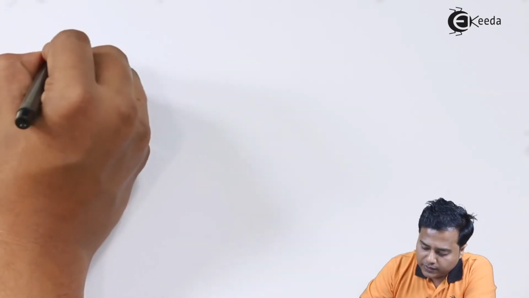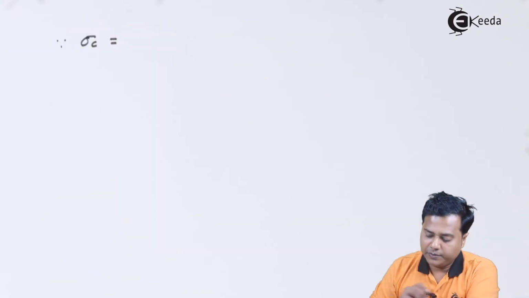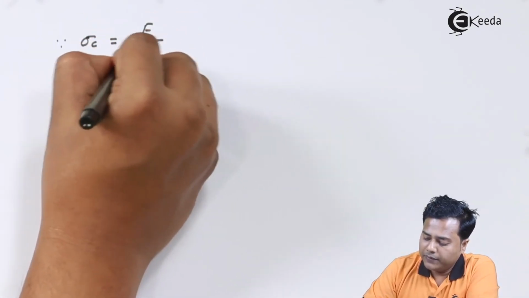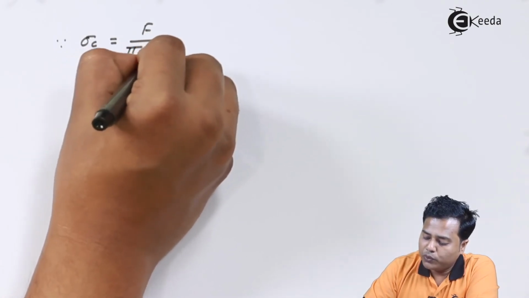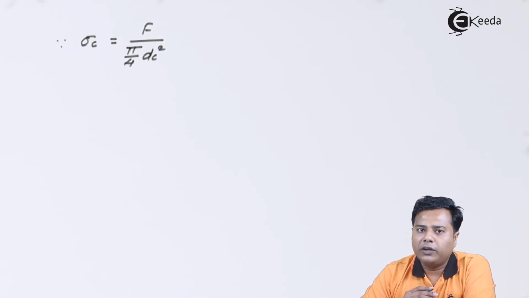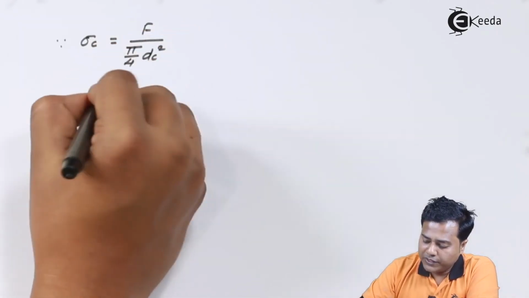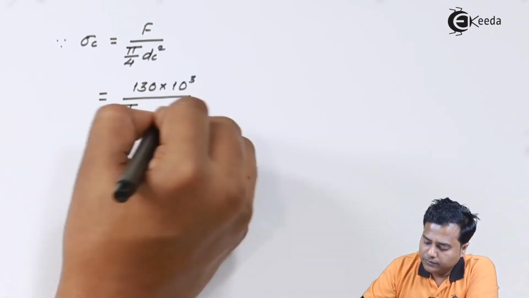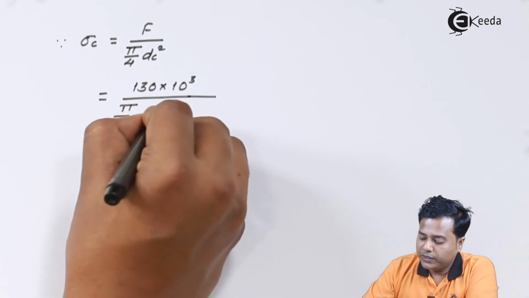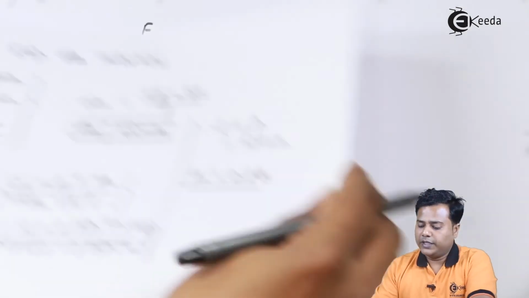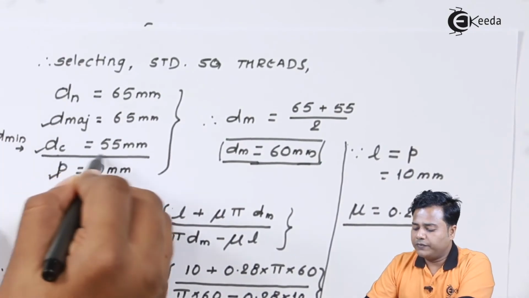We know that sigma c is given by the load F divided by pi by 4 into core diameter square. Now if the number of threads is specified, we are going to use the factor n also, otherwise this is the only formula which is required. The value of dc which we have considered right now is 55.